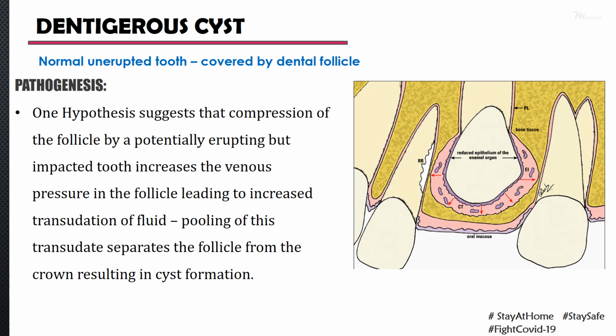The force of eruption of an impacted or unerupted tooth will create some compression in this dental follicle, which will increase the venous pressure within the follicle. The increased venous pressure will result in transudation of fluid. It is this fluid which gets collected between the reduced enamel epithelium and the tooth surface. This is what results in the formation of dentigerous cyst.